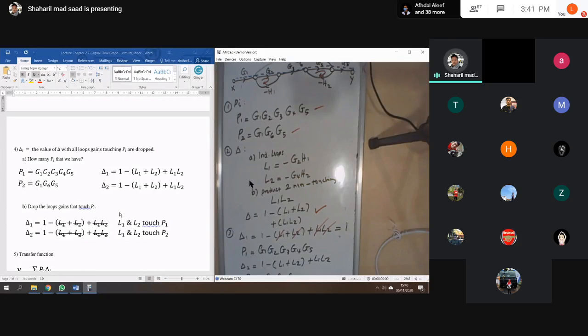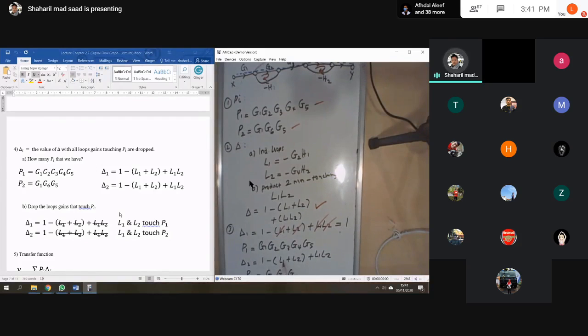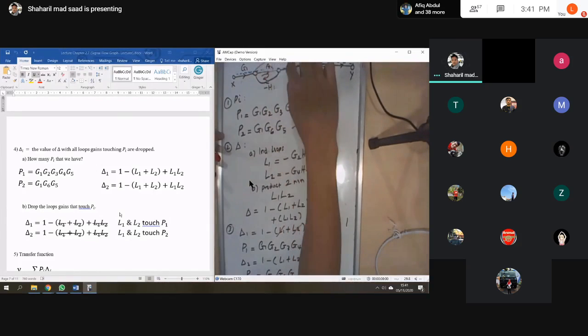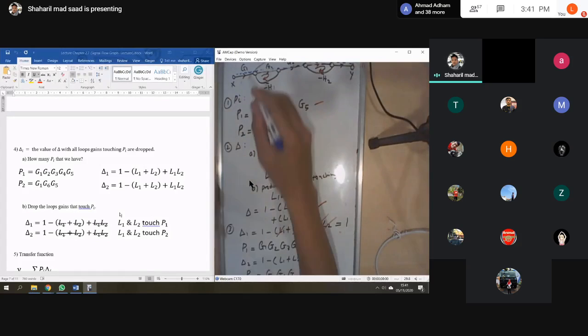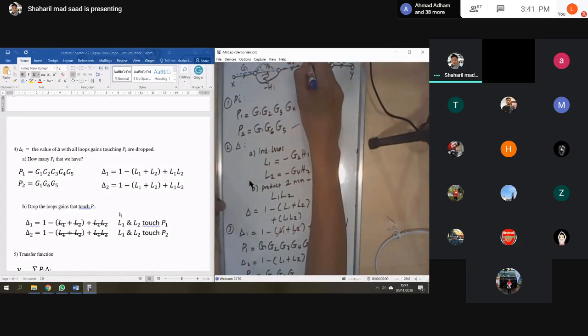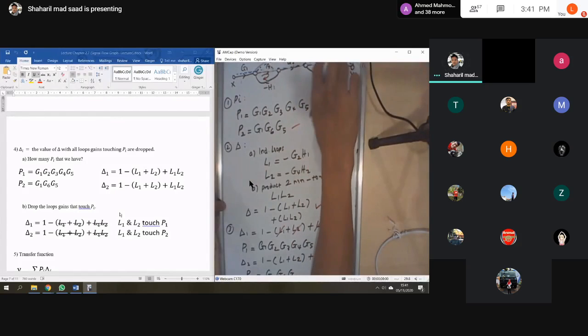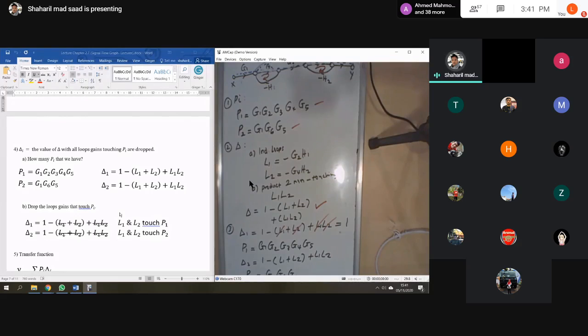Okay, so look at this one. L1 and forward path gain 2, that means, okay, blue color. Right. So that means you have G1, G6, and G5. So L1 here also touches G1, G4, and G1.